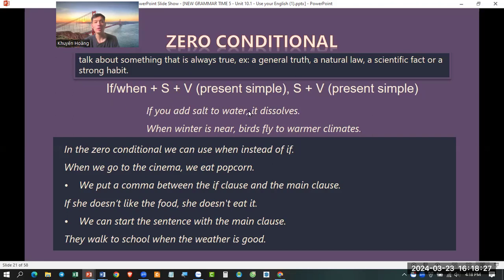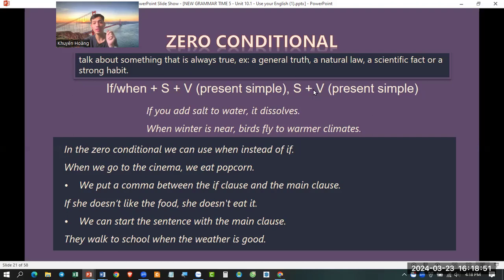And what do we have with this type of conditional sentence? The first clause is present simple, and the next clause is also present simple. So what clause is this? How do we call this clause? We have two clauses, right?